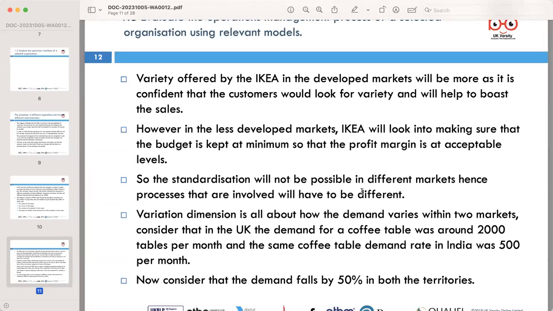Variation dimension is all about how the demand varies between two markets. Basically, an important dimension of variation is the fluctuation in demand between different markets.